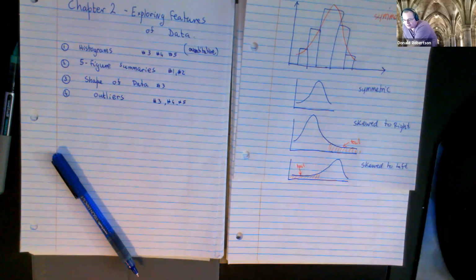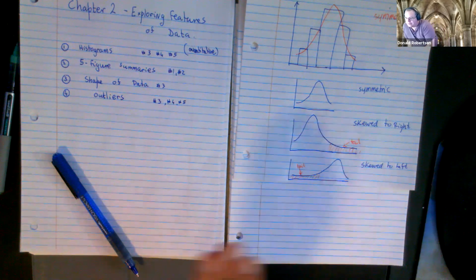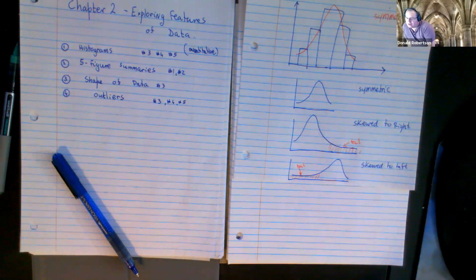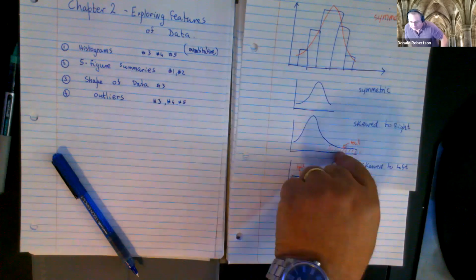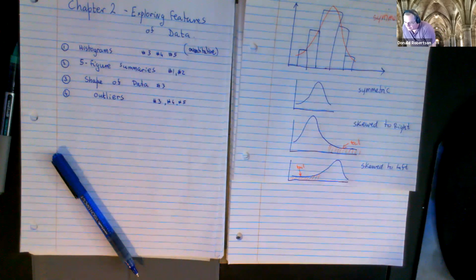Is it tailing off to the right? Skewed to the right. Is it tailing off to the left? Skewed to the left. We go with that? Just terminology to describe what histograms look like. Now, can you imagine these being lots of little rectangles? It's just easier to draw curves than it is to draw this all the time, right? So far, so good.